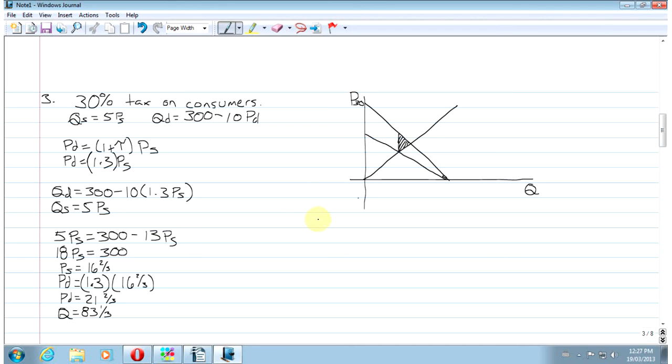So I've got this price of the demand of 21 and 2/3, so I'm going to use that to calculate the demand side. So consumer surplus is 30 minus 21 and 2/3, times the quantity, which is 83 and 1/3, all over 2.